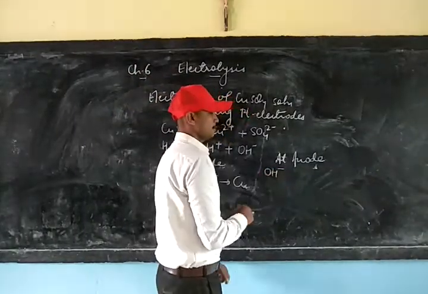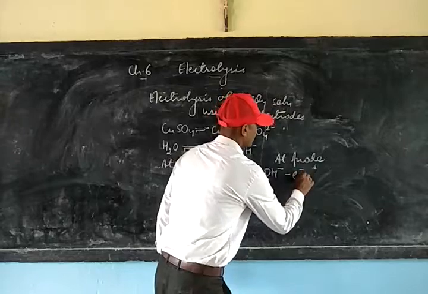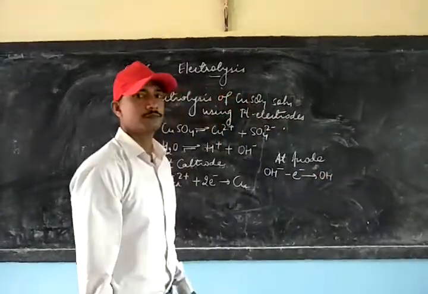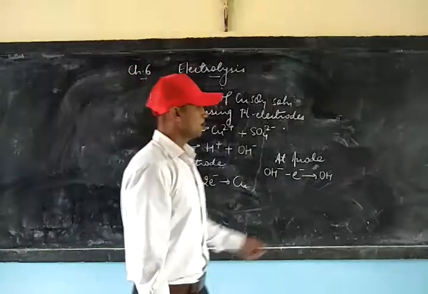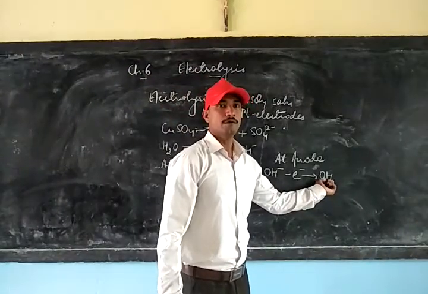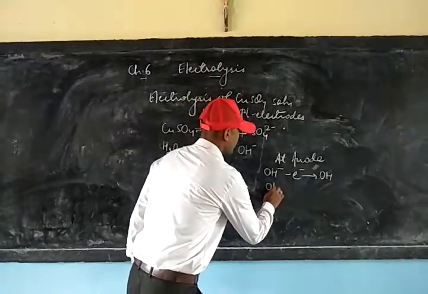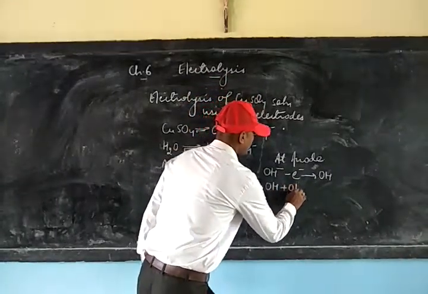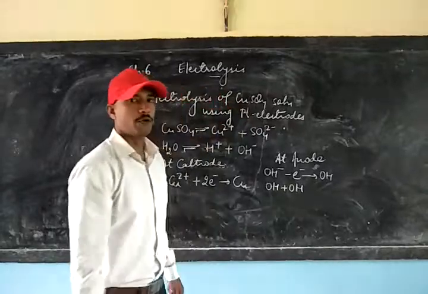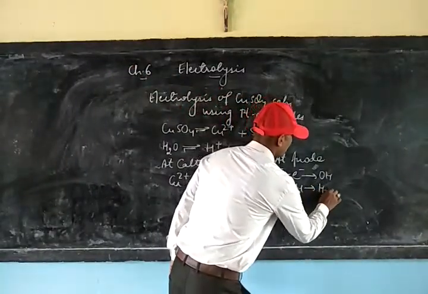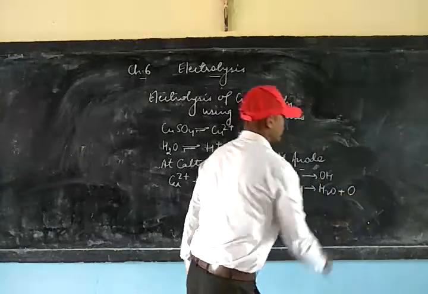OH- ion will lose one electron and change into OH. But OH is not a stable compound, so one more step follows, where two hydroxyl groups combine to form H2O and nascent oxygen.